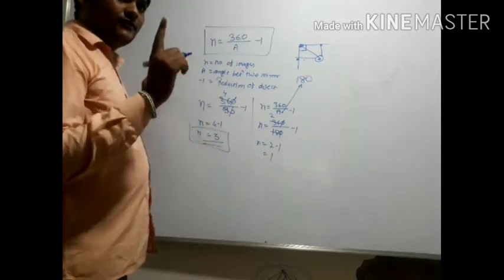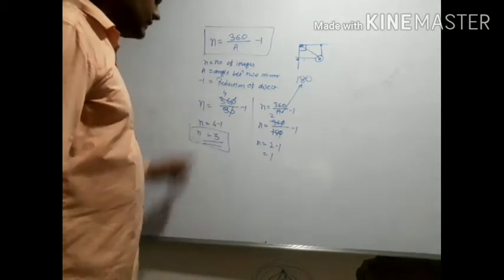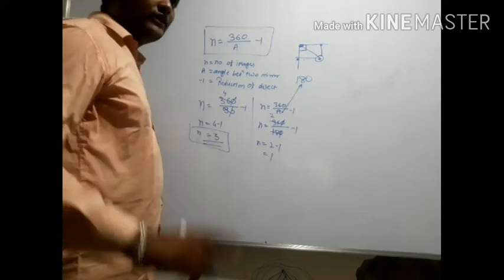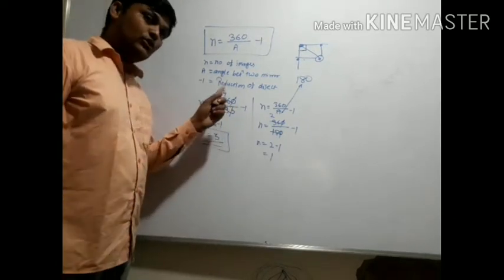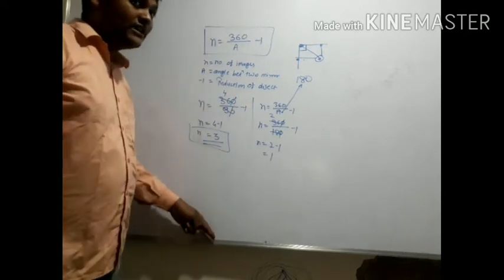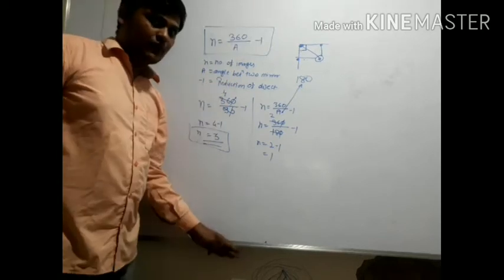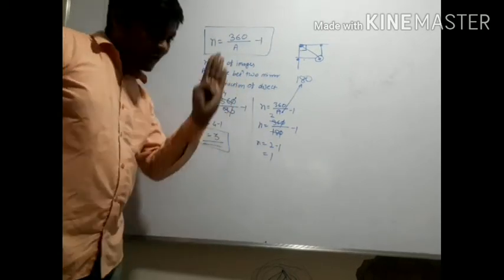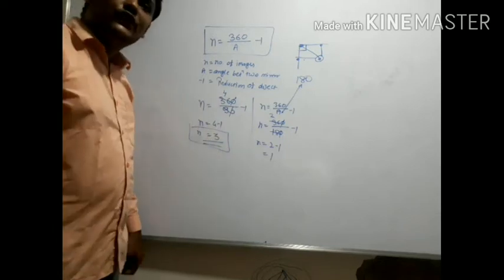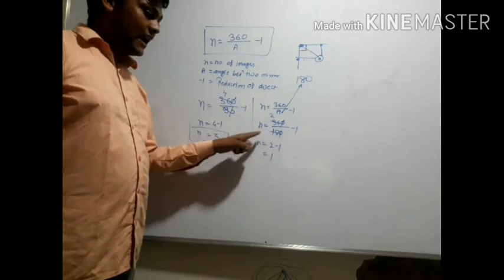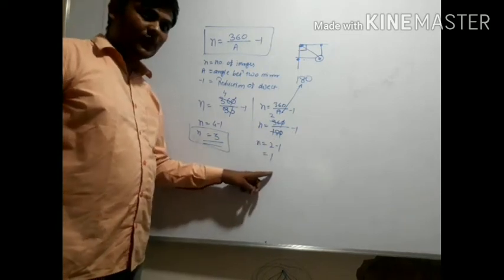If you have a mirror like this mirror you have placed and you are standing in front of the mirror, how many images do you get inside the mirror? One only. At that time the angle between the mirrors is 180, a straight mirror. So when a straight mirror is placed and you stand in front of it, how many images do you form? One only. So that's the reason when the angle between two mirrors is 180, you get one image only.